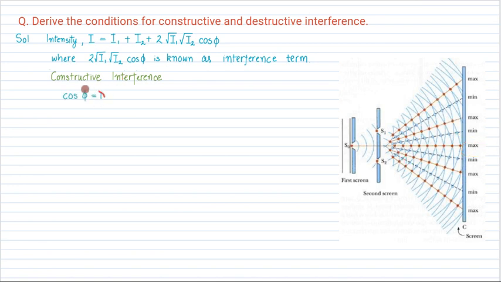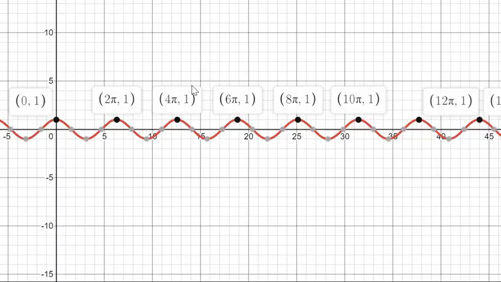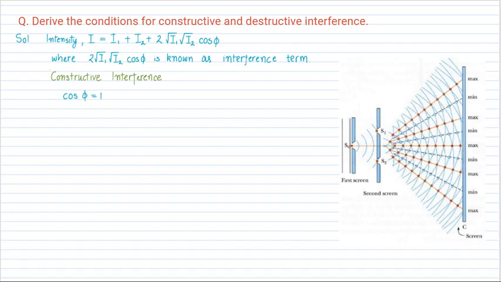So cos phi will be 1 for which values? Cos phi will be 1 for all the even multiples of pi. Let me write these values. It will be 1 for 0, 2 pi, 4 pi, 6 pi, 8 pi. So cos phi equals 1 when phi equals 0, 2 pi, 4 pi, 6 pi.